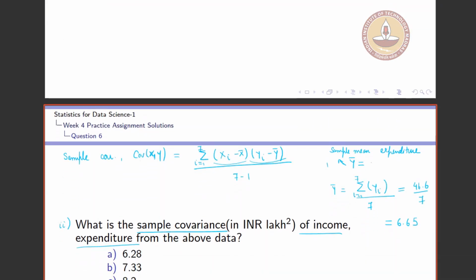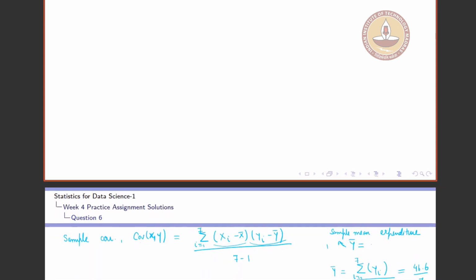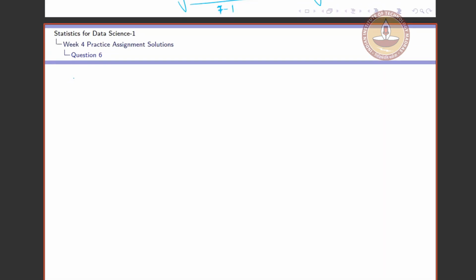So now we have to find out the product of xi minus x bar and yi minus y bar. So let's write xi minus x bar into yi minus y bar.